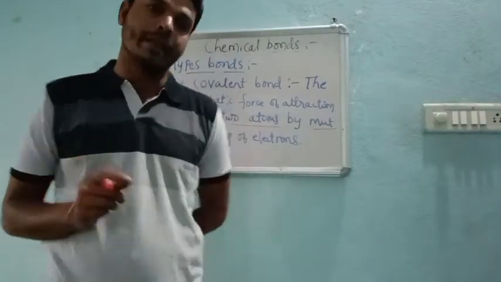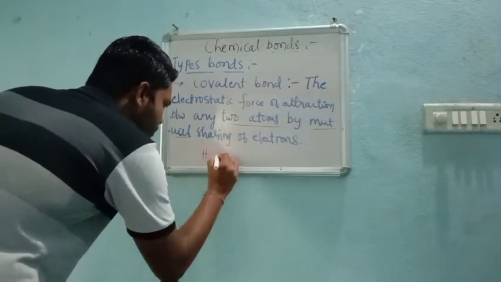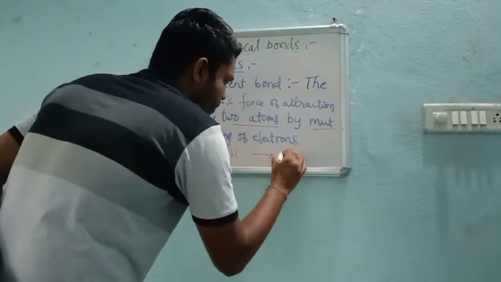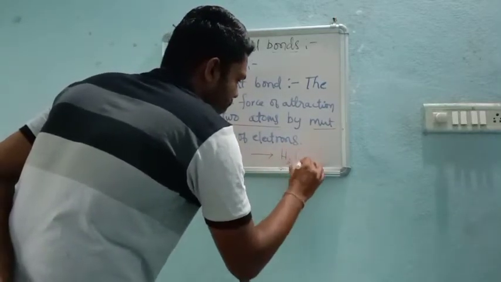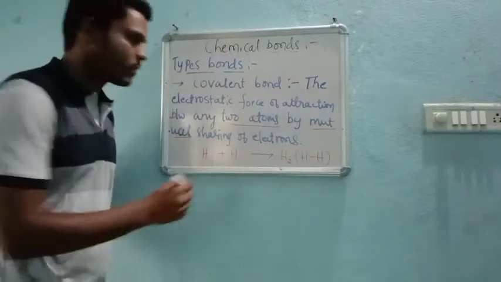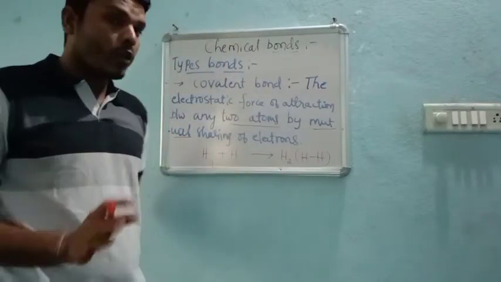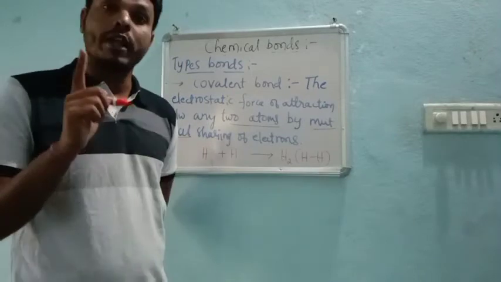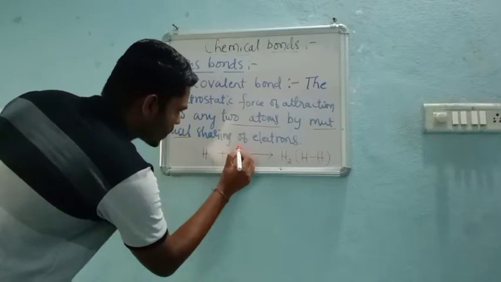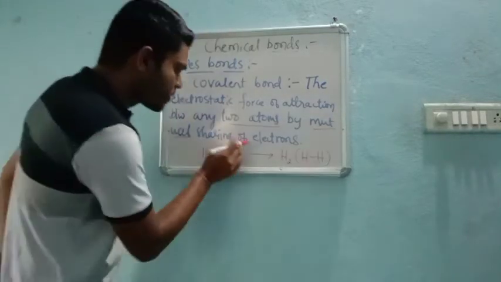Mutual sharing means, let us take one example. H plus H gives H2, or in open form we can show it like this, H and H, right? We all know that hydrogen has only one electron. So this hydrogen has one electron, and this hydrogen atom has one electron.